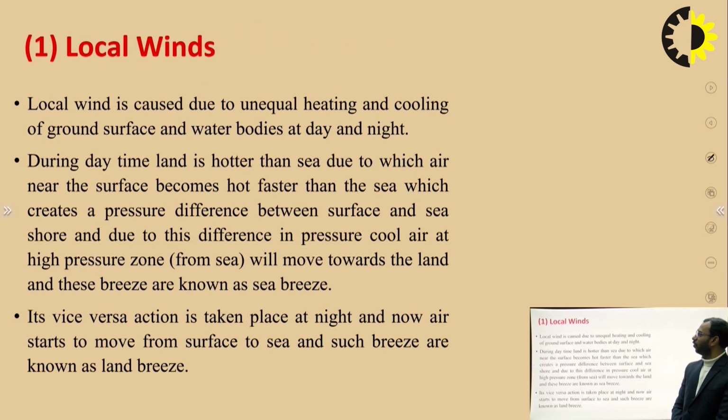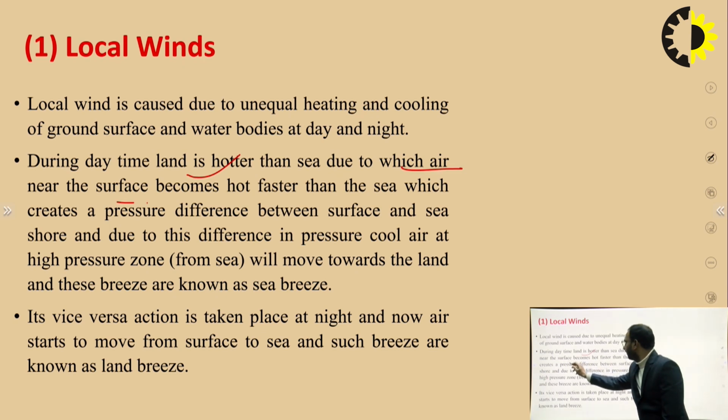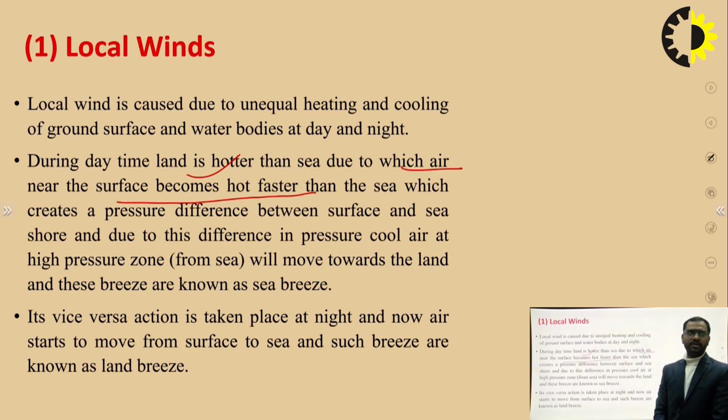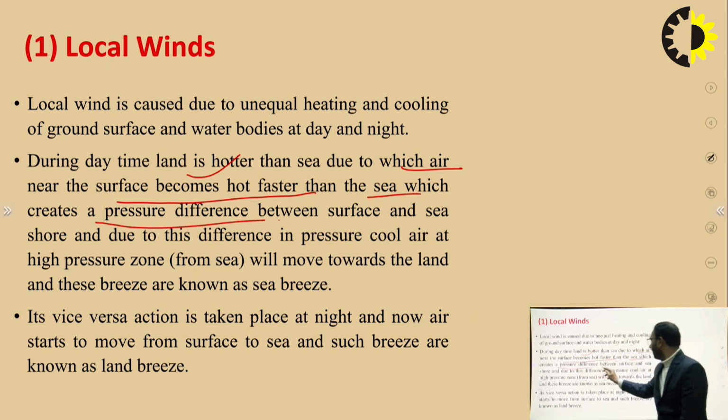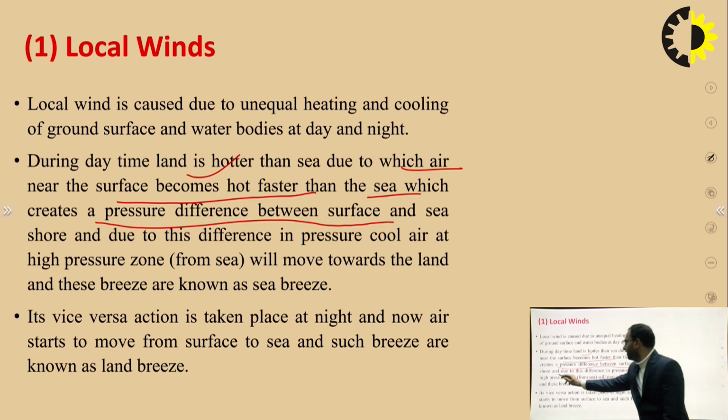So what is local wind? Local wind is caused due to unequal heating and cooling of the ground surface and water bodies at day and night. During the daytime, land is hotter than the sea, due to which air near the surface becomes hot faster than over the sea, which creates a pressure difference between the land and the seashore.